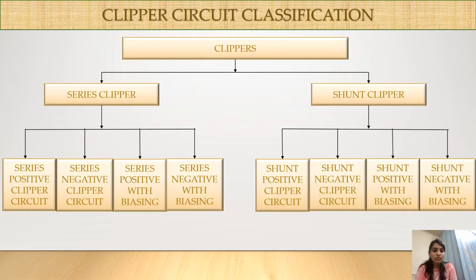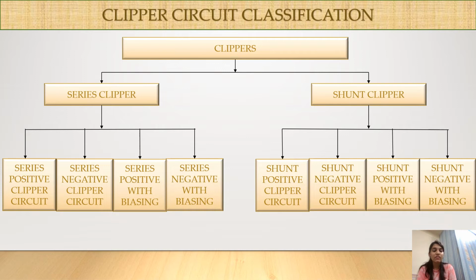Now the third one is series positive clipper with biasing. In this, the biasing in the clipper circuit is used to clip a portion of the half cycle and not the whole half. Therefore, a series positive clipper with biasing, which can be positive or negative, is used for producing the desired waveform. Now the last subtype is the series negative clipper with biasing.